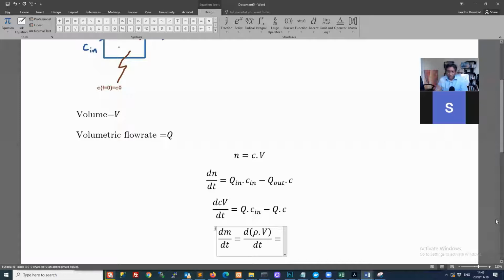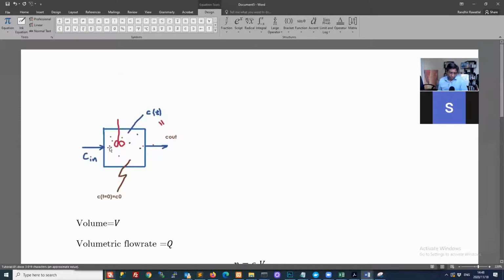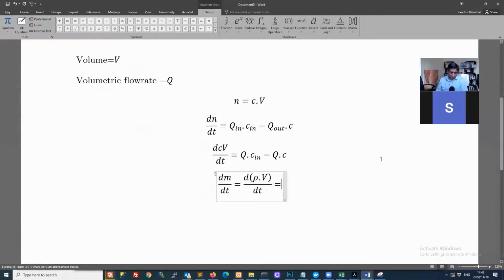And then our inlet flow, assuming the same density, is density times the volumetric flow rate, rho times Q in, minus rho times Q, the exit flow rate.